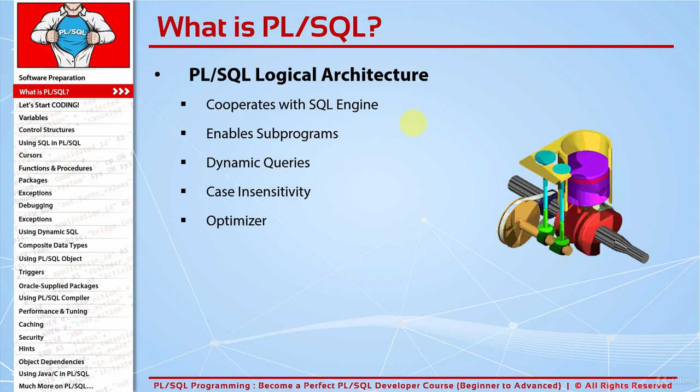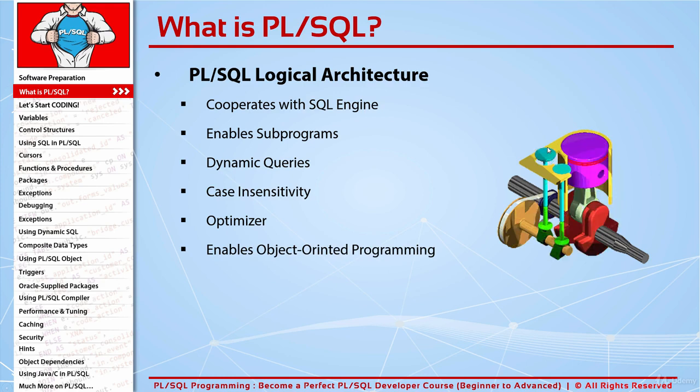Optimize means changing our code before it runs in the best way for performance. We will see how to optimize our code by ourselves and by letting the software do it in our next chapters. So let's continue now. It enables object-oriented programming with abstract data types. We will see how to do this in our next chapters.